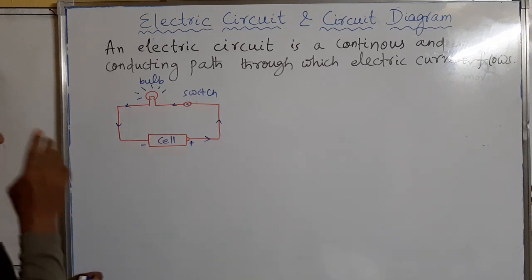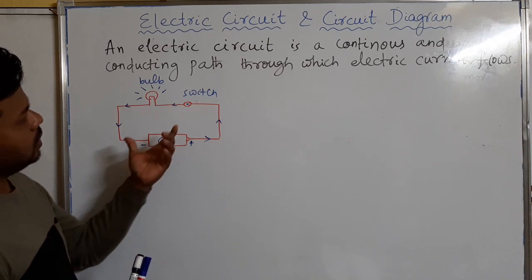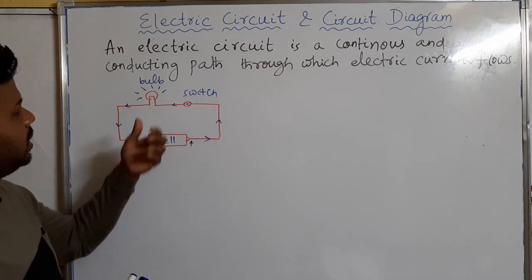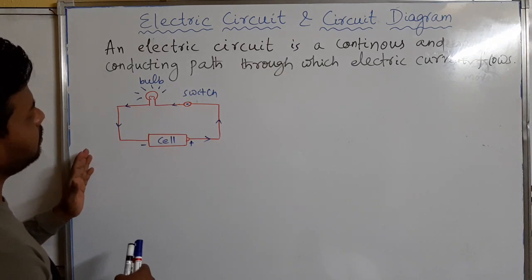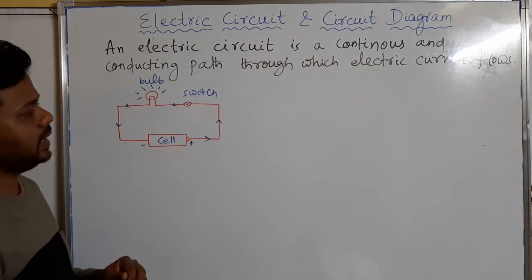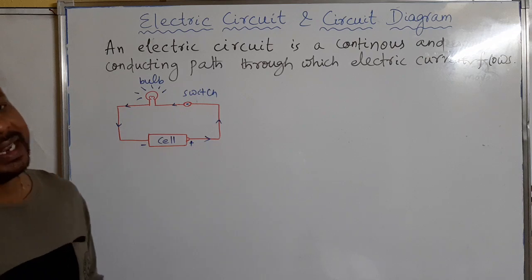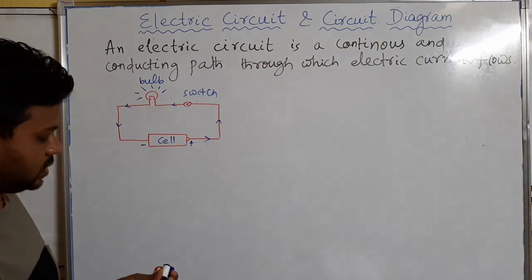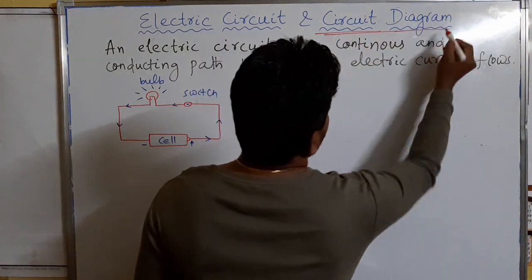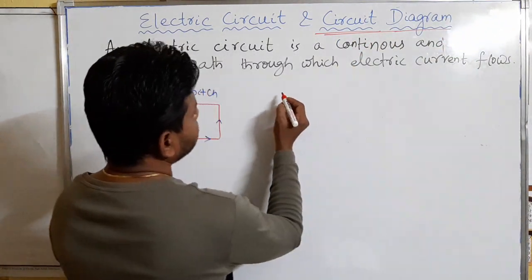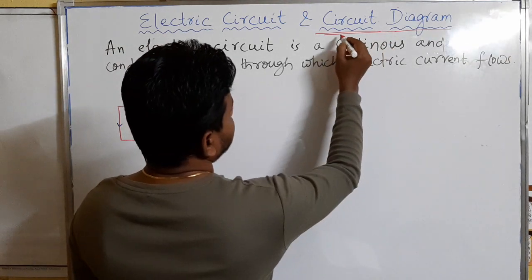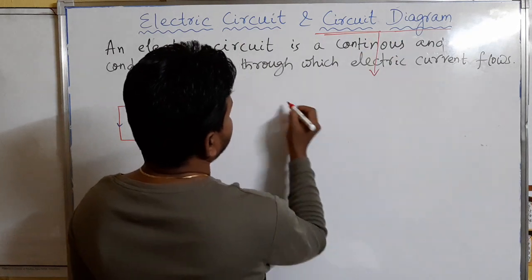Then in an electric circuit, actually we use different components, like here switch, bulb and cell. But when many other equipments are connected to a circuit, then we make a schematic diagram of it, which we call a circuit diagram. What is a circuit diagram actually? Circuit diagram, I am giving the definition of circuit diagram.